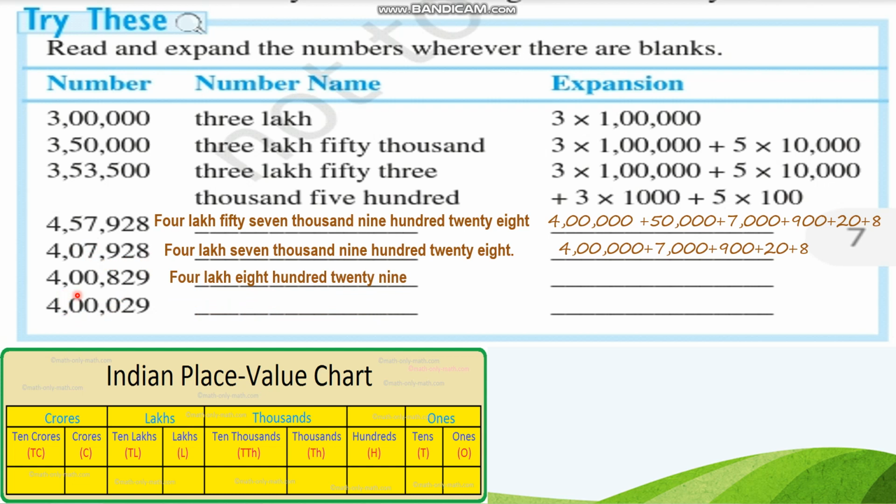Now next we can read as 4 lakh 829. And the expansion is 4 lakh plus 800 plus 20 plus 9. Now next is 4 lakh 29. 4 lakh plus 20 plus 9 is the expanded form.